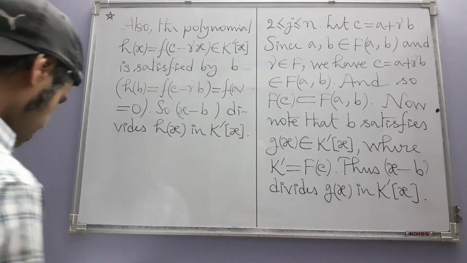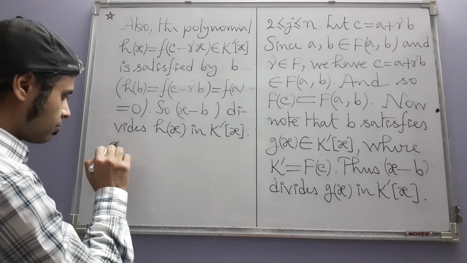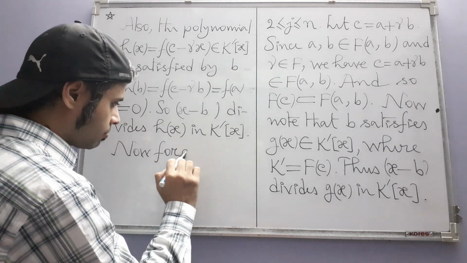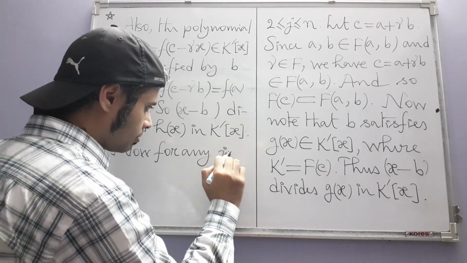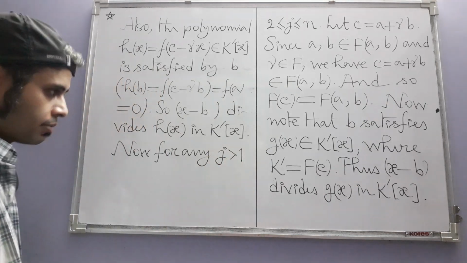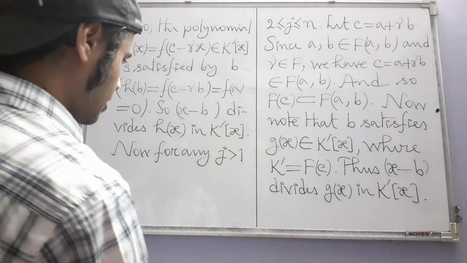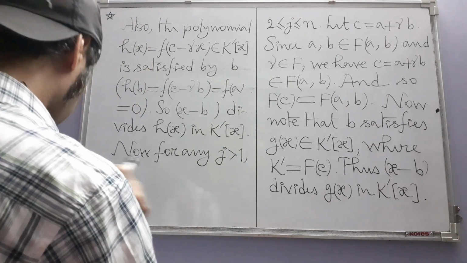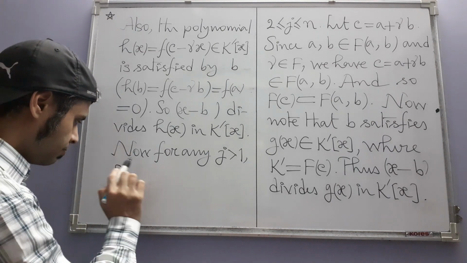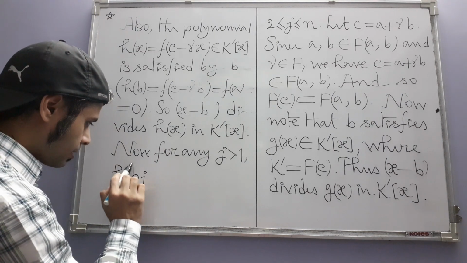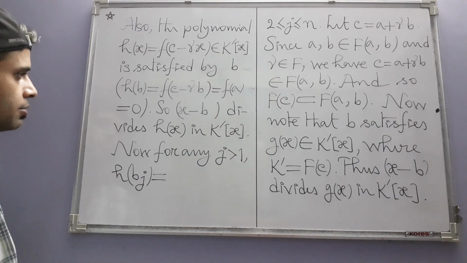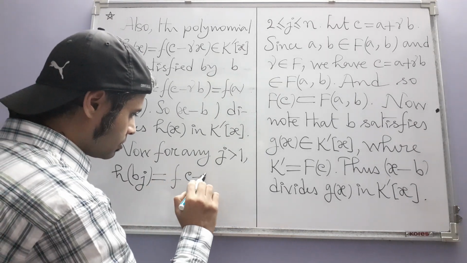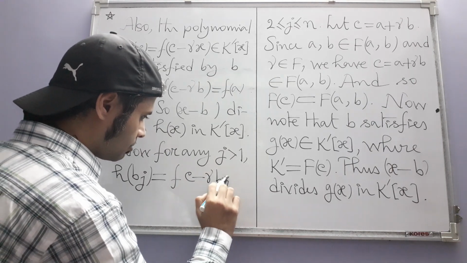Let's see the reason. For any j greater than 1 and less than or equal to n, we are going to consider the corresponding element bj. hbj, what happens to this? hbj, by definition of h, is f of (c minus gamma bj).